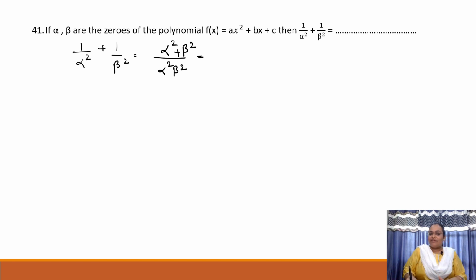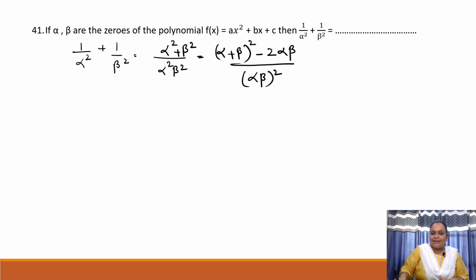So, what is alpha square plus beta square? That is alpha plus beta whole square minus 2 alpha beta, by alpha beta whole square. Correct?